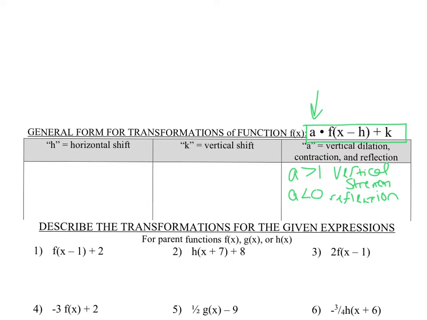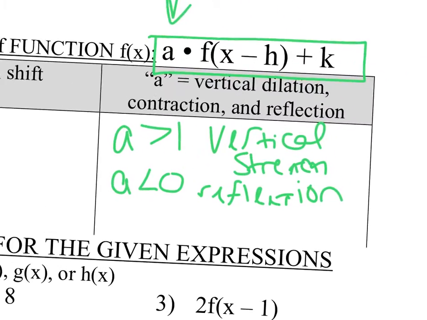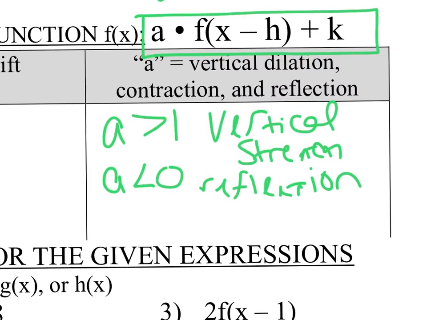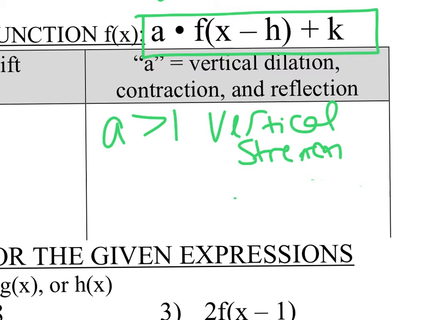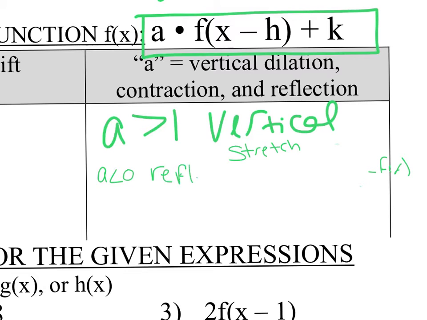Let me just make this a little bit bigger so I'm not writing as small, because my handwriting is getting pretty rough right now. So this is a vertical stretch. When a is less than 0, that was the example where it was negative f of x. That's going to be a reflection over the x-axis.